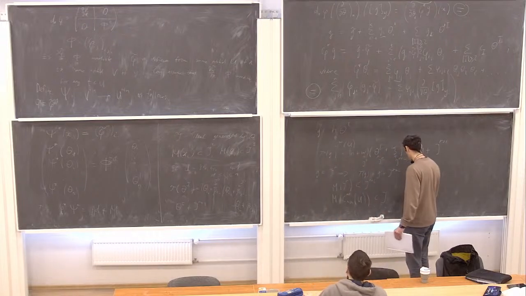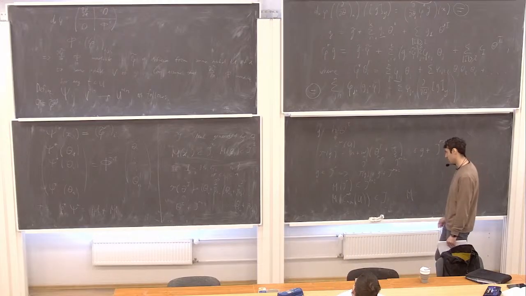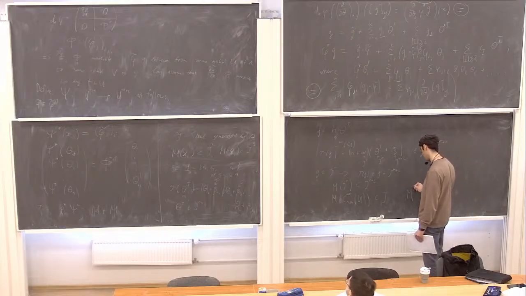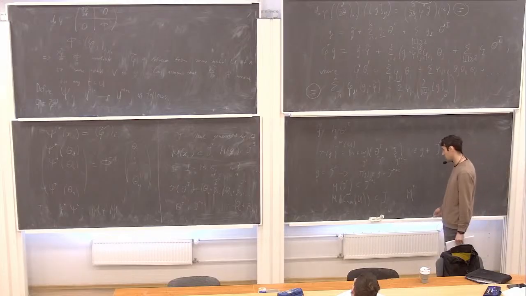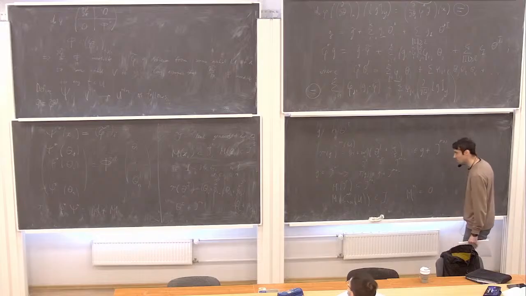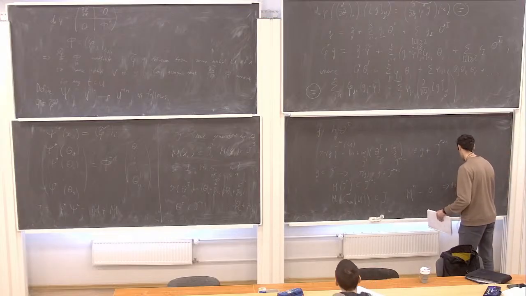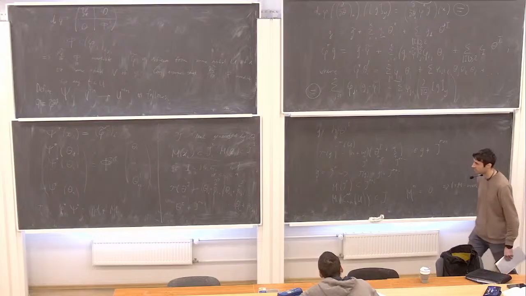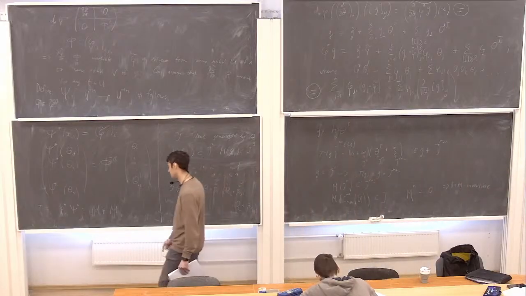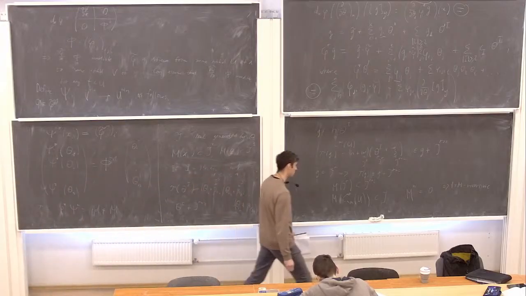So therefore, m to the power n minus 1, n will do, is 0. In particular, it means that 1 plus m is invertible. And this means that psi is really a right inverse for phi.